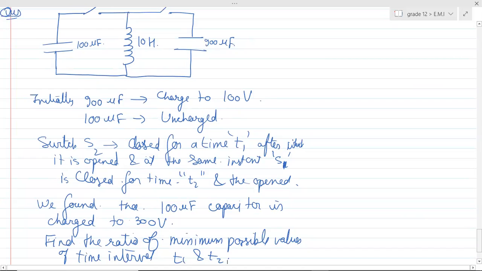Yes, sir. At one time, only one switch was closed. So is it two LC circuits at a time? है ना? At one time, one circuit is there. At another time, another circuit is there. So ultimately, we know कि इसमें LC oscillations will be used, right?